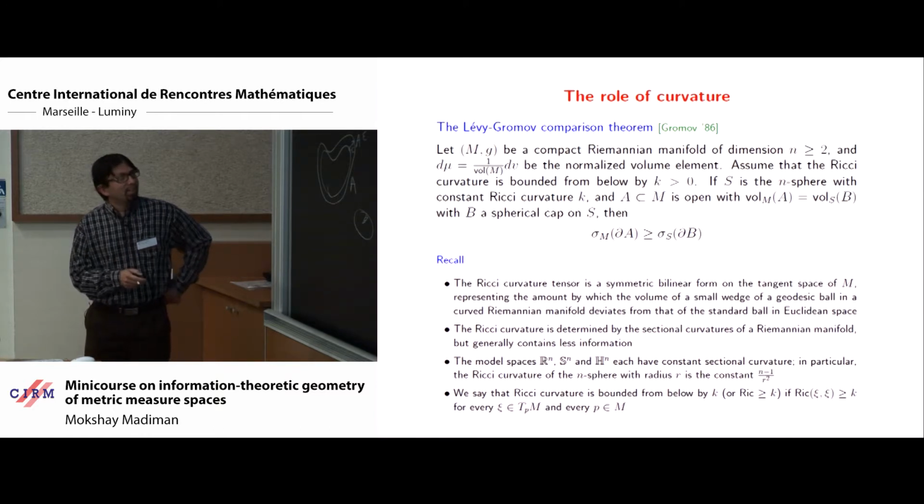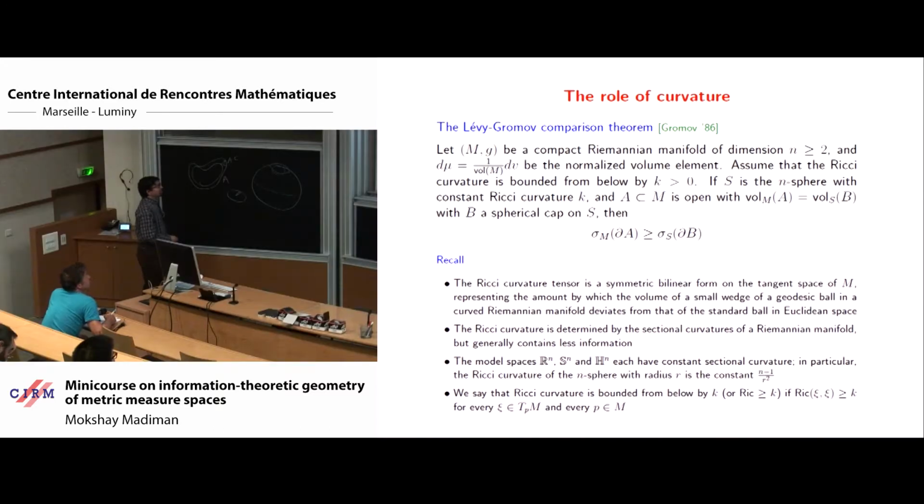What it's saying is that if you know that the Ricci curvature is bounded below by k, then you can get a lower bound on the surface area of your set in this manifold M in terms of subsets of the sphere. So you can compare with the isoperimetry on the sphere, right? So this manifold has a lower bound on the surface area which is at least as strong as the lower bound on the surface area of a similar set on the sphere.